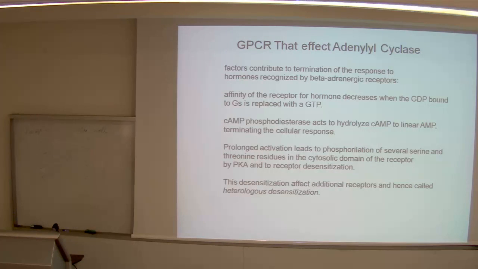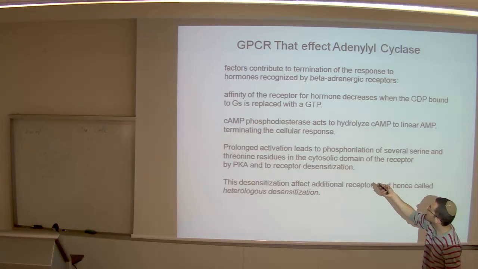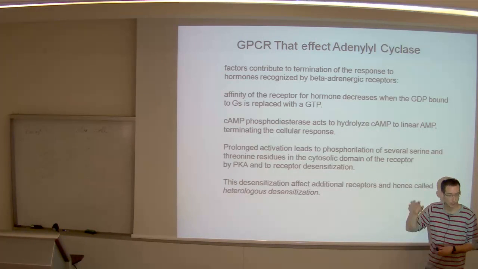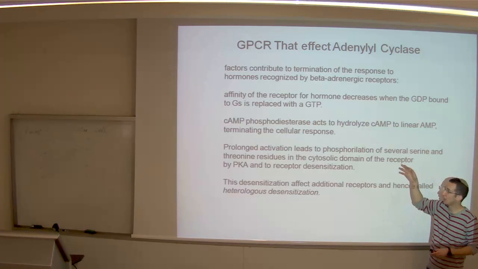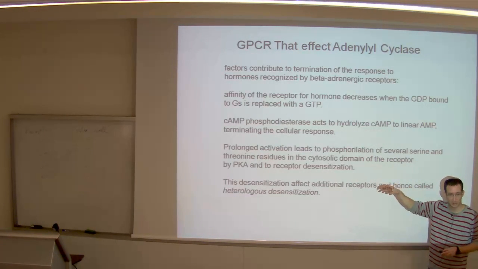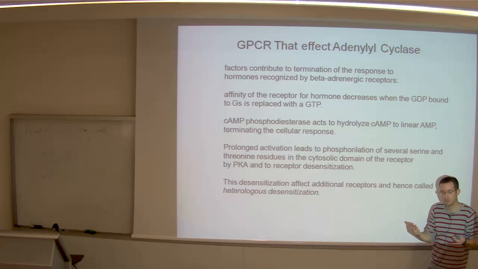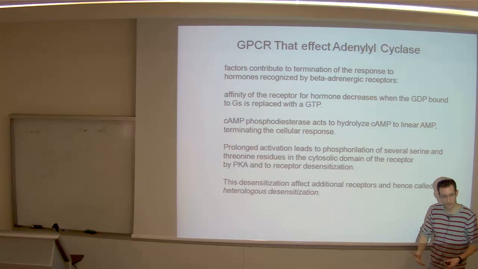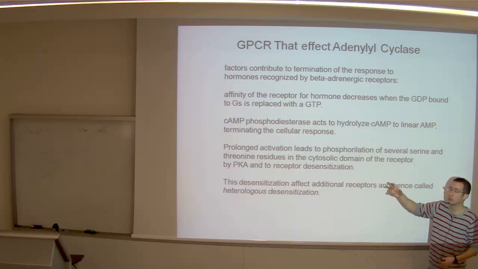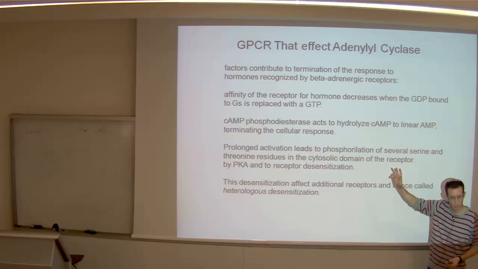And how is it increased again? It's not increased, but these are the factors that terminate the signal, terminate the response. So if you still have the hormone outside the cell, it will be less effective in transducing the signal, simply because of the reduced affinity between the receptor and the hormone.